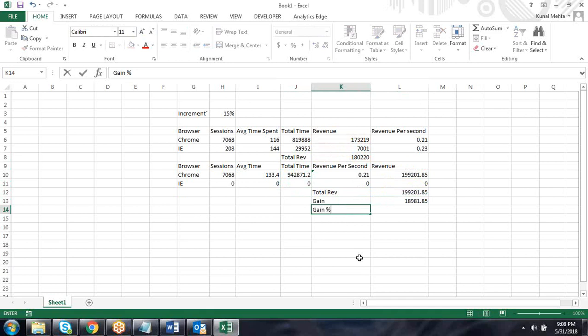My gain percentage would be around 10%. Does it make sense to all what we have just done? So if I put the update on, forget about taking care of 3% of revenue. In fact, my revenue can increase by 11%. Absolutely right, Ashmi. Does it make sense to everyone?